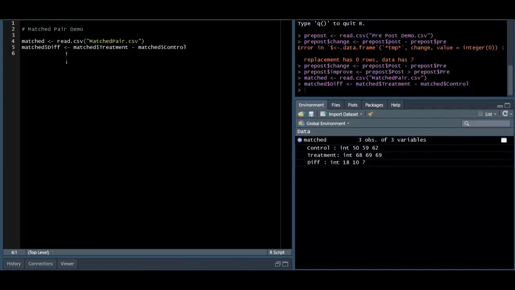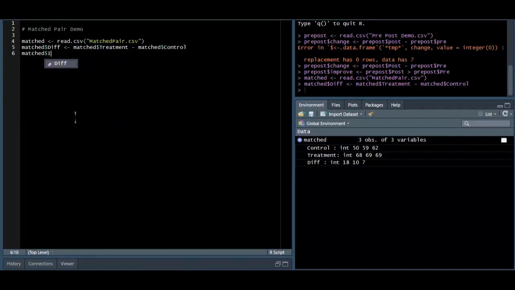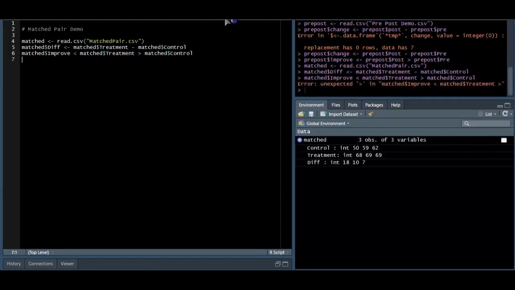And similarly, if I wanted to have something I called matched improve, then I could say if the matched treatment is greater than the matched control, then let's call them improved. And if I do that, oh, I forgot to look at this.